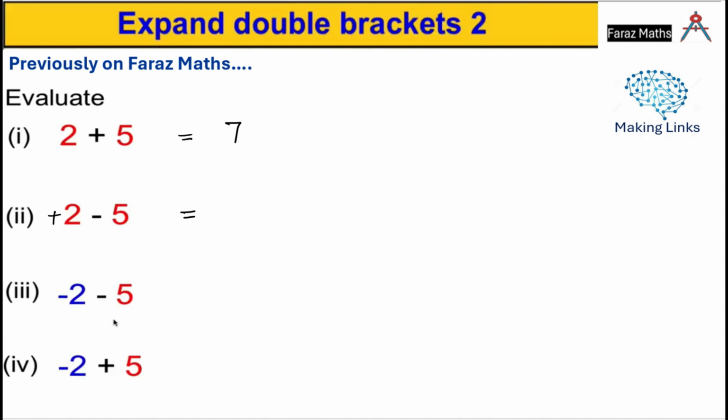So 5 minus 2 is 3, and you have to use the sign of 5 here, which is negative. If you just compare 5 and 2 without their signs, you can say that 5 is bigger than 2. So there's a technique, we always have to use the bigger number's sign. So 5 has a sign of negative, so that's why we are using negative sign.